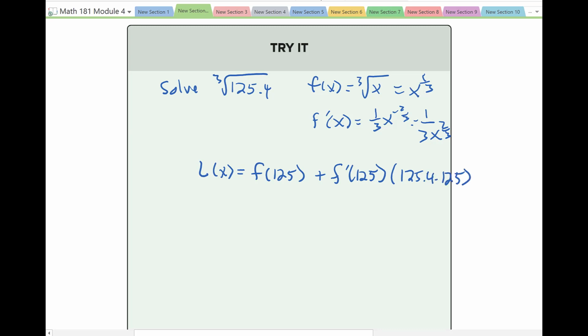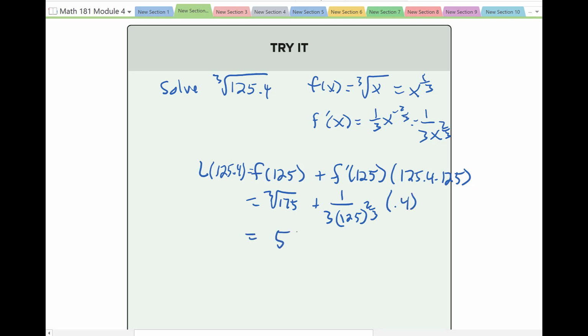Maybe I should change this instead of L of x, L of 125.4. Okay, so that's going to be the cube root of 125 plus 1/3 times 125 to the 2/3 times 0.4.